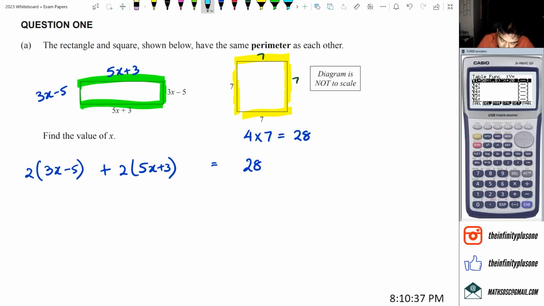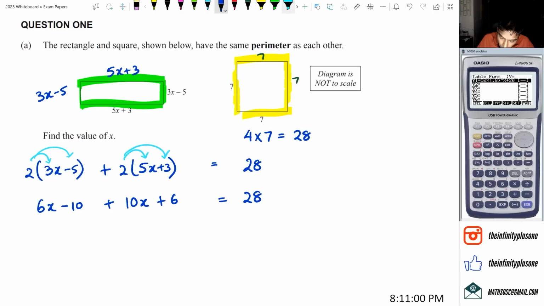Now the next part is we need to expand the brackets. So we're going to multiply 2 times 3x, which is 6x. 2 times minus 5 is minus 10, plus we've got 2 times 5x, which is 10x, and 2 times 3, which is 6, and all of that is equal to 28.